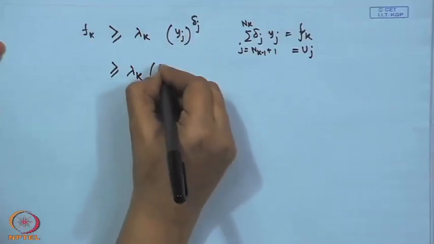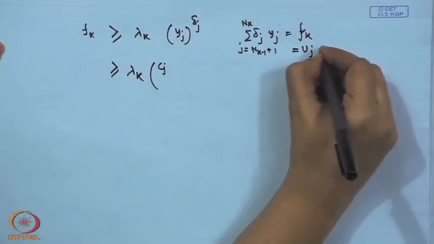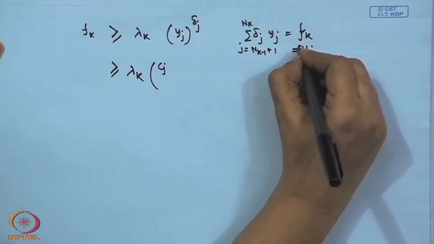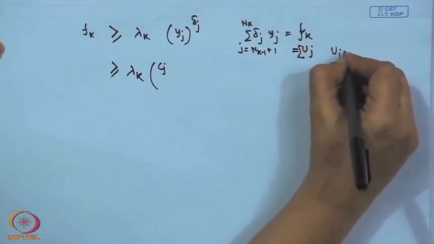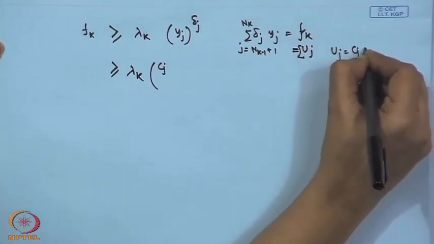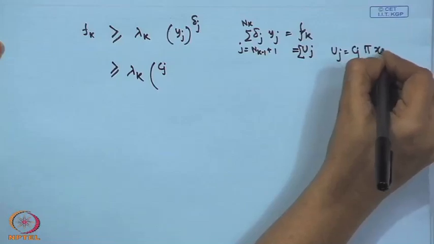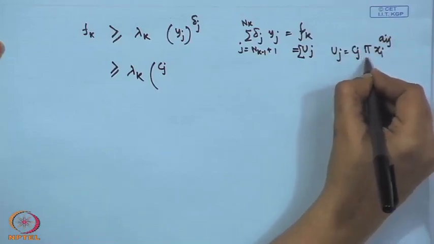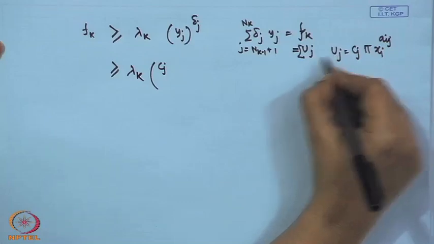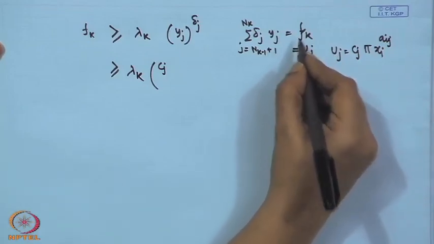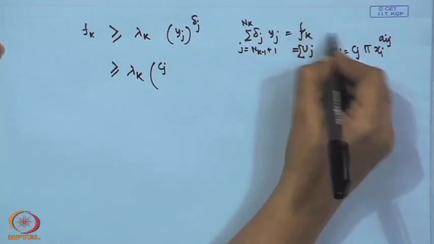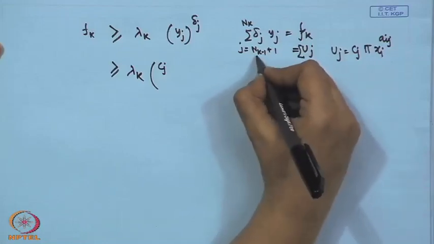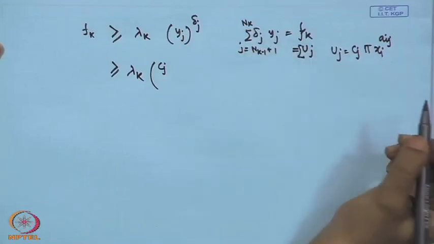We know uj is the summation of uj's, where uj equals cj times the product of xi to the power aij, and i is running from 1 to n, and for individual j we will get all the terms for the kth constraint left-hand part, where j starts from nk minus 1 plus 1 to nk.